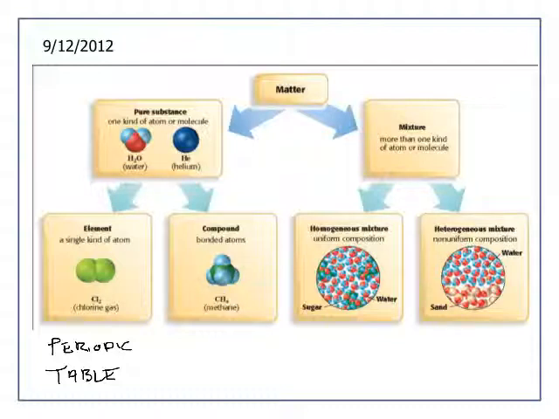So we said water, we've said methane, we could add rust because that's a compound of iron and oxygen. Maybe we could add various things like sugar. That's a compound of carbon, hydrogen, and oxygen.